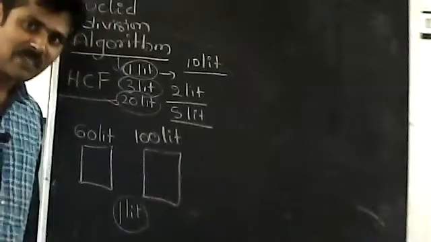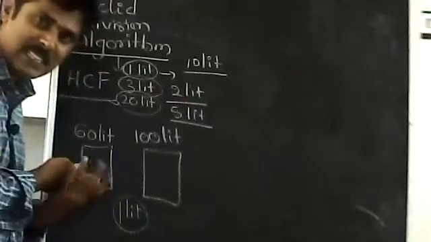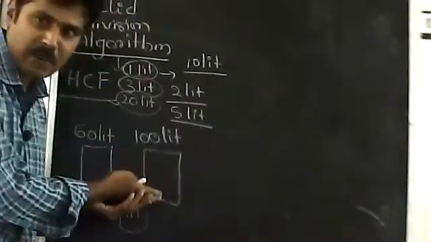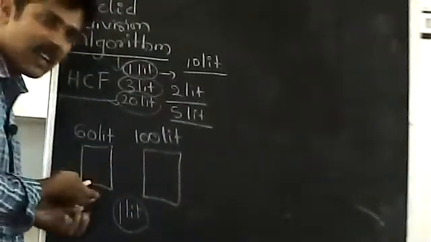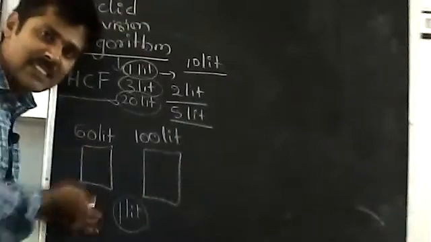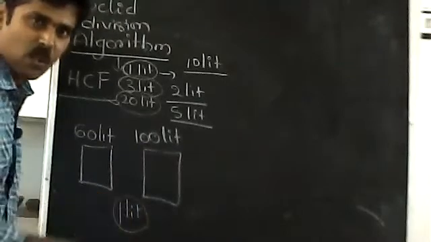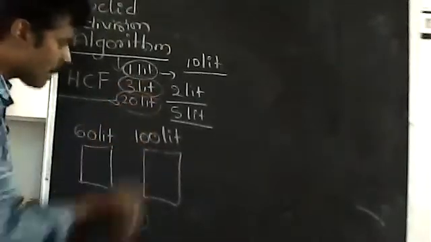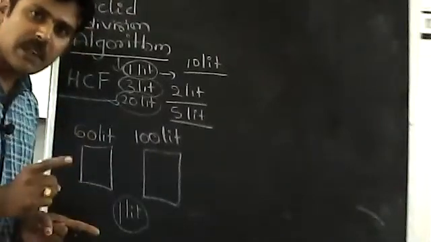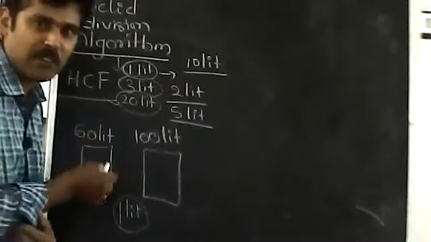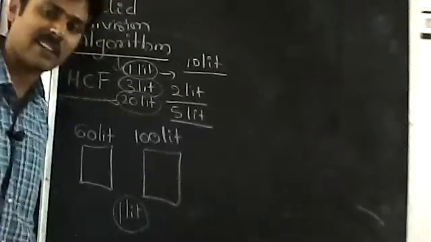Fewer times means the capacity of the jar should be maximum. Out of all these common measures, I have to take one common jar that measures the highest, so the number of times is minimum. That's the reason behind finding the HCF of 60 and 100.